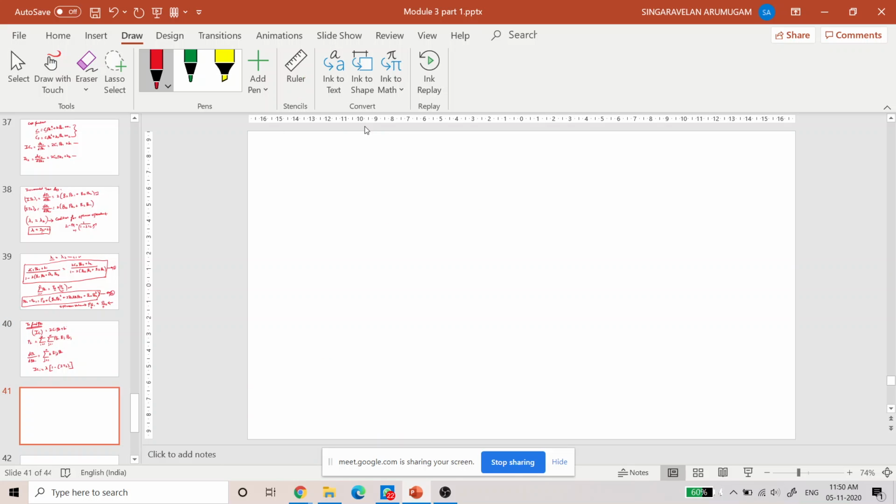I will come up with 2Ci PGi plus bi, which is the incremental cost, is equal to lambda, and just apply that incremental transmission loss, that is nothing but 1 minus summation of j equal to 1 to n of 2Bij PGj. This part is nothing but the incremental transmission loss.